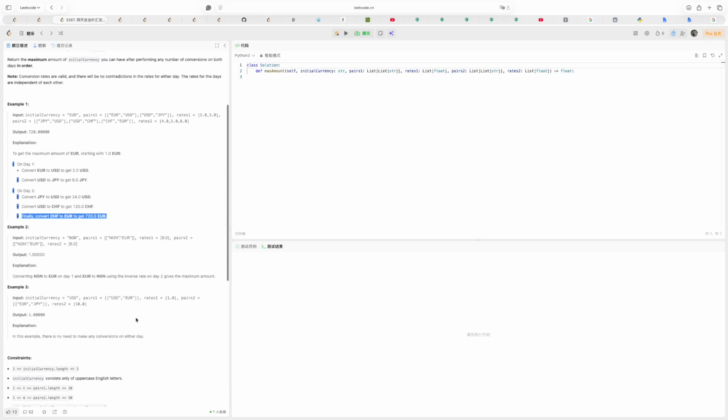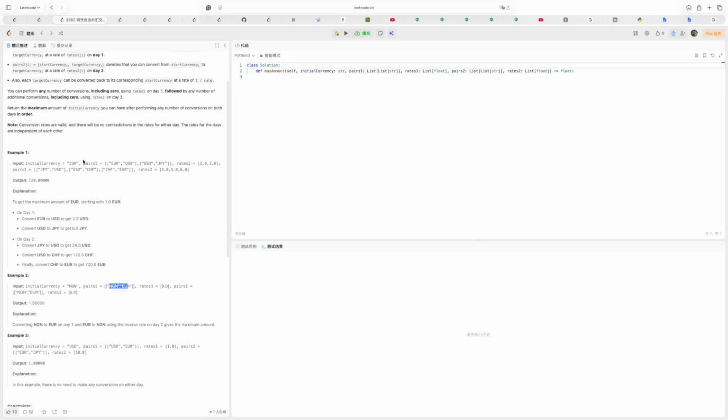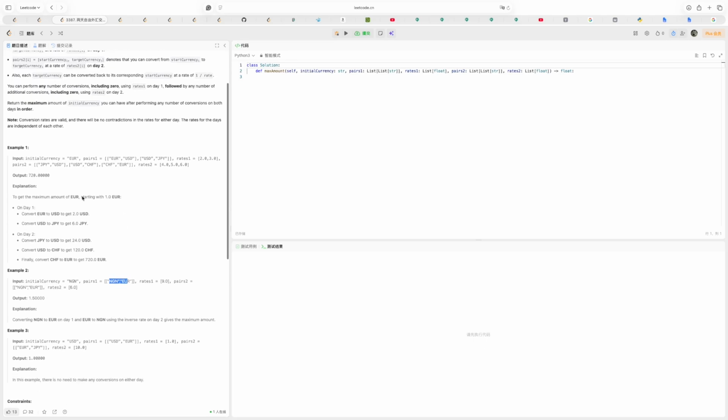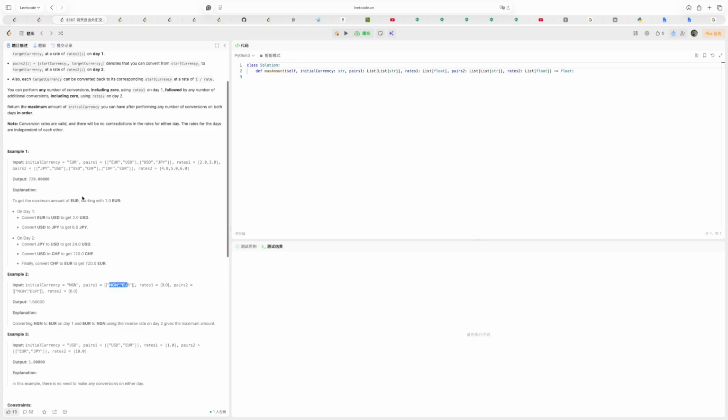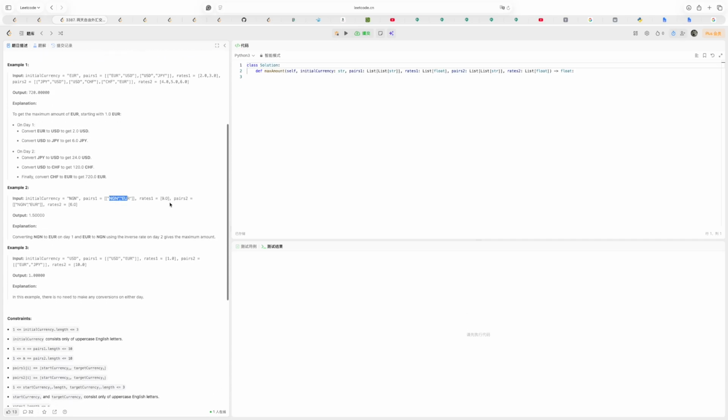Example 2. It's 9. So is it always that, I'm curious, starting from NGN, is it always to get back to NGN?